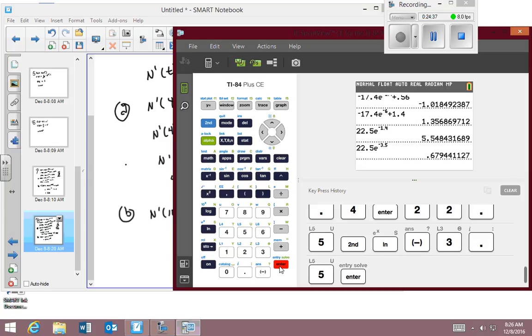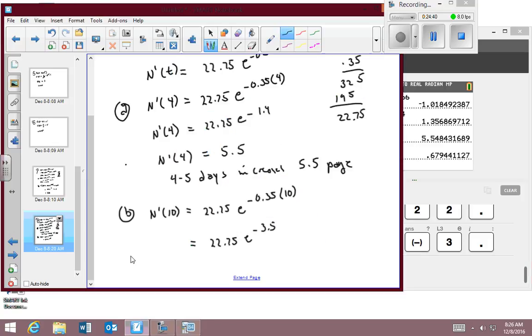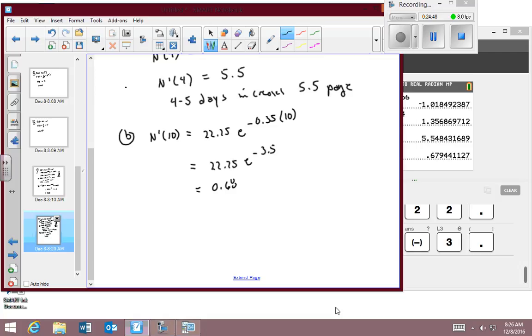Point 68. Tenth to the 11th day increases pages 0.68. So not a very big increase.